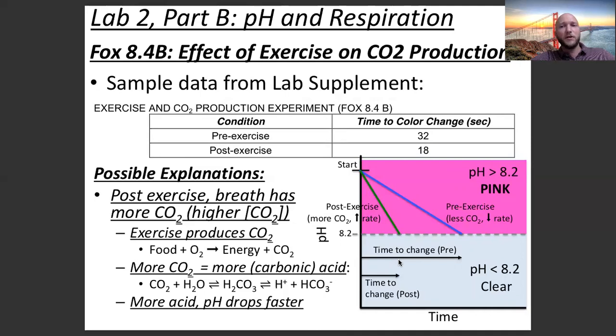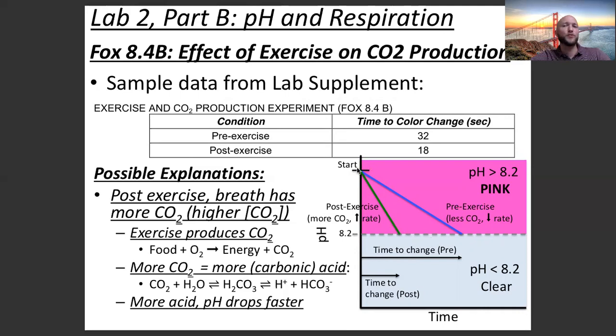When we exhale carbon dioxide through that straw and into this solution, some of that carbon dioxide is going to dissolve into that solution, and it's going to make that solution more acidic. The more carbon dioxide we exhale, the more acid we're putting into the solution.